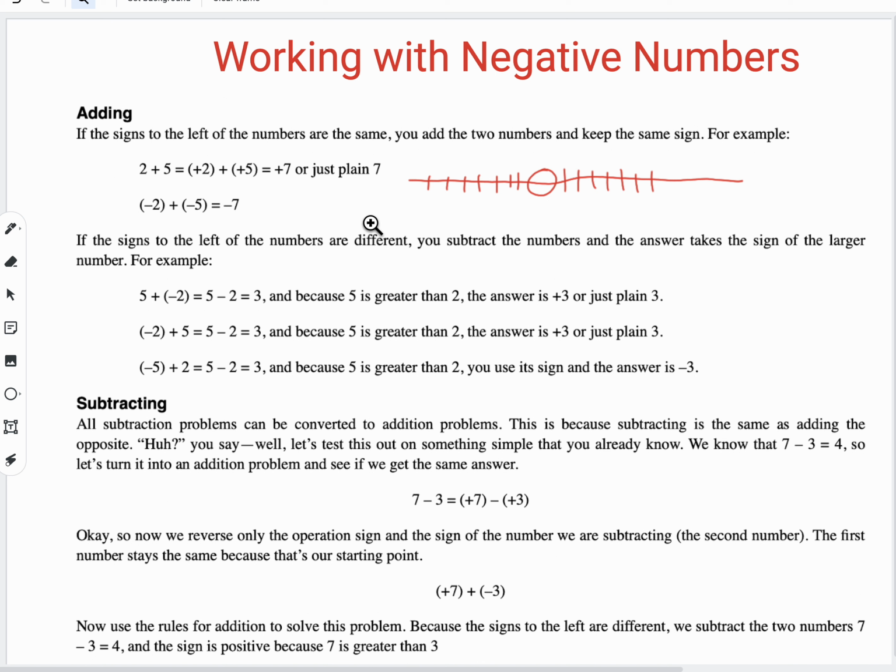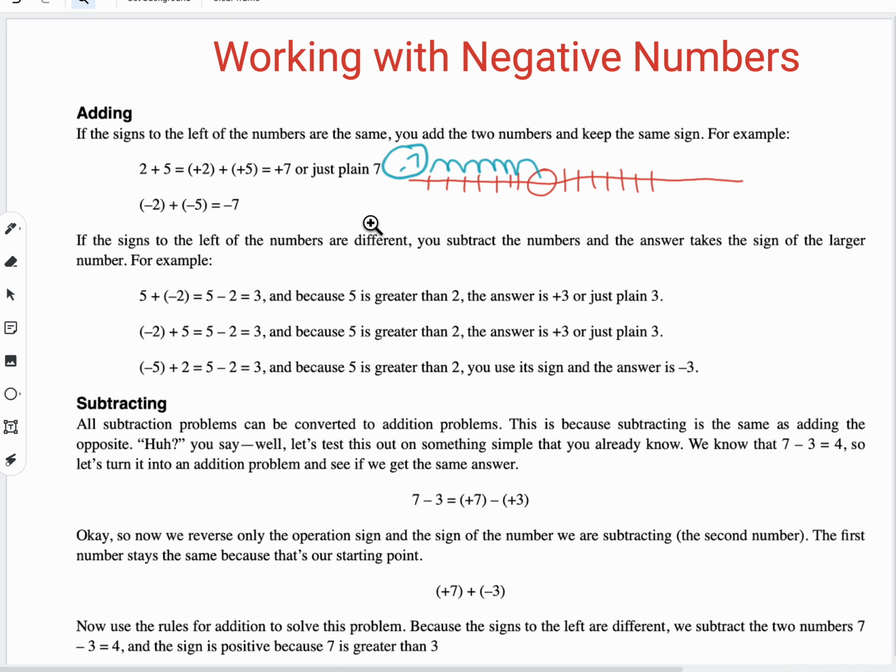So let's go ahead and work with this problem here, negative 2 plus negative 5. Here we can go over 1, 2 to negative 2, and then add 5 more negatives. 1, 2, 3, 4, 5 to get us to negative 7. Negative 2 plus negative 5 is negative 7.